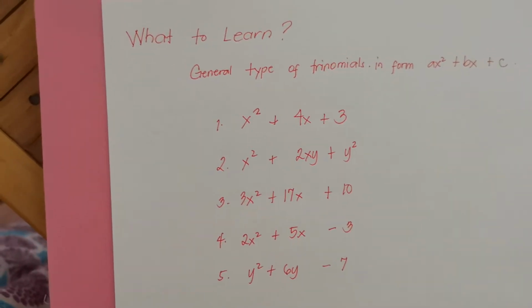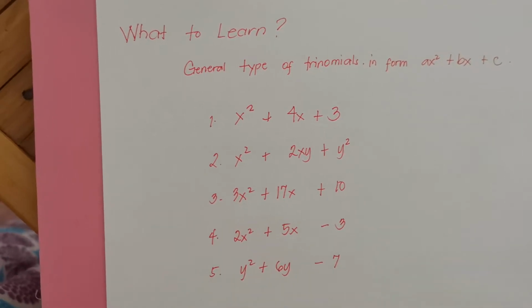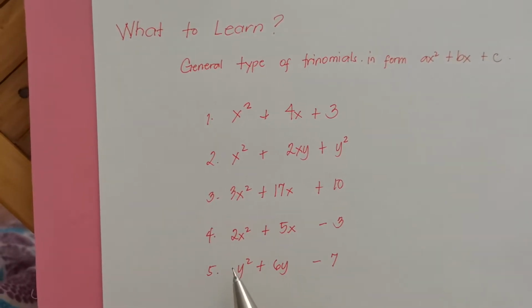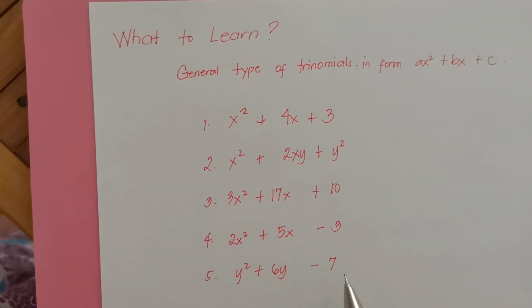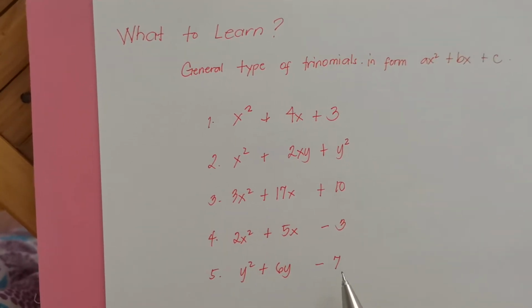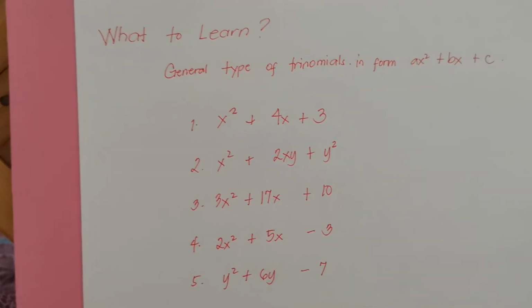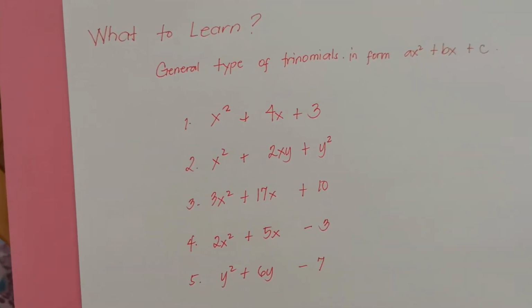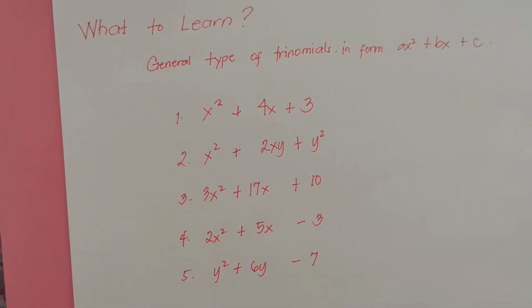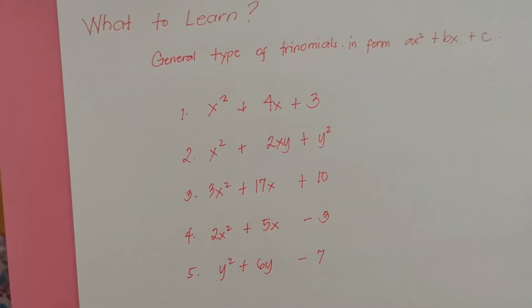Why? The behavior of y is from y², second degree, followed by the first degree of the said variable, then followed by a constant term with no variable. So it still belongs in the general form ax² plus bx plus c, only that it is in terms of y.